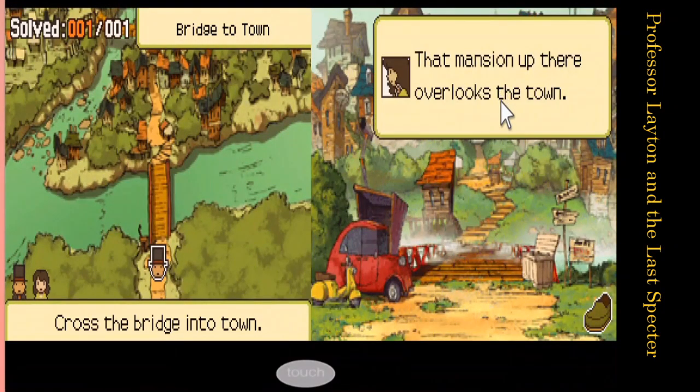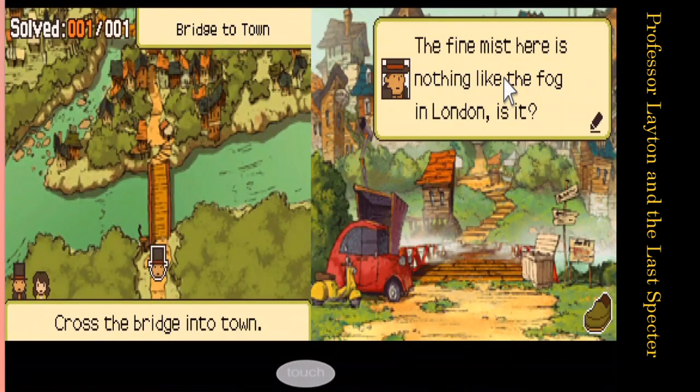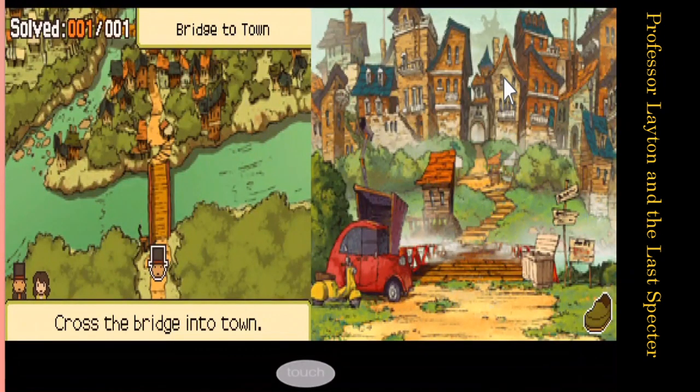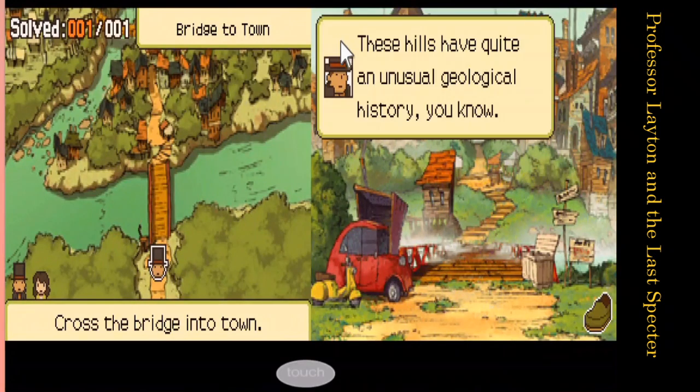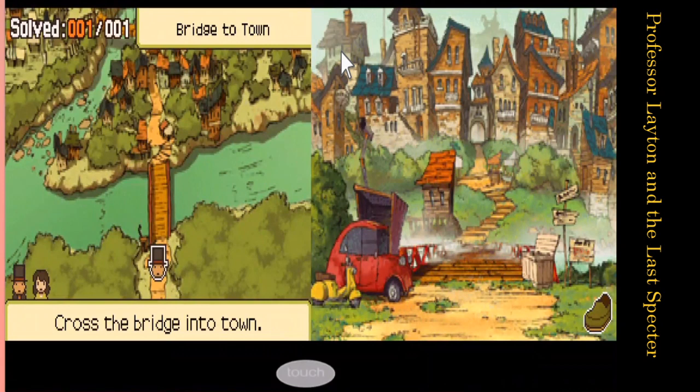No, because I want to click around. That mansion up there overlooks the town. The town is quiet and easy. The fine mist here is nothing like the fog in London, is it? Oh, these hills have quite an unusual geological history, you know. Does the soil type have anything to do with the mist?